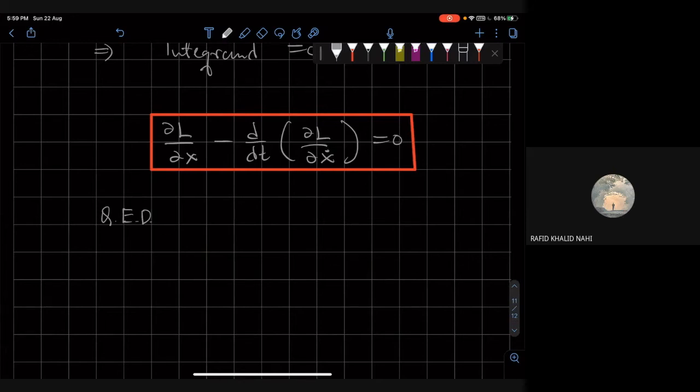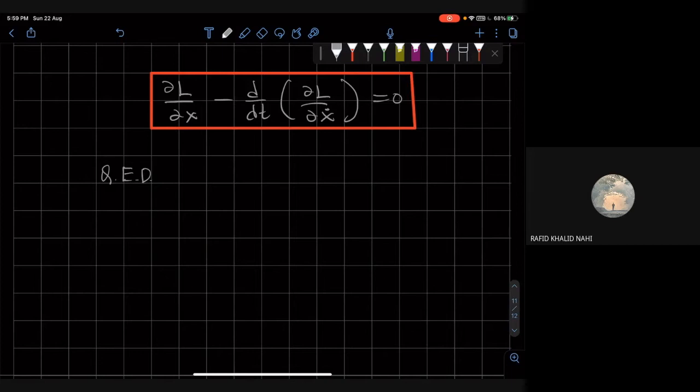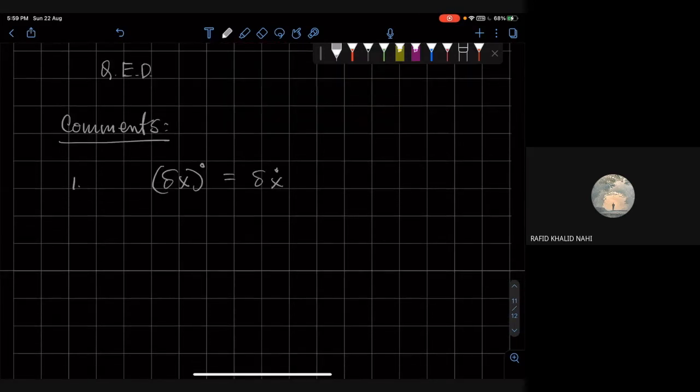Before I take questions, let me just make a comment and prove the little identity I used. The first comment is, we have used delta x dot is equal to delta of x dot. To prove this, let's start with the left-hand side.